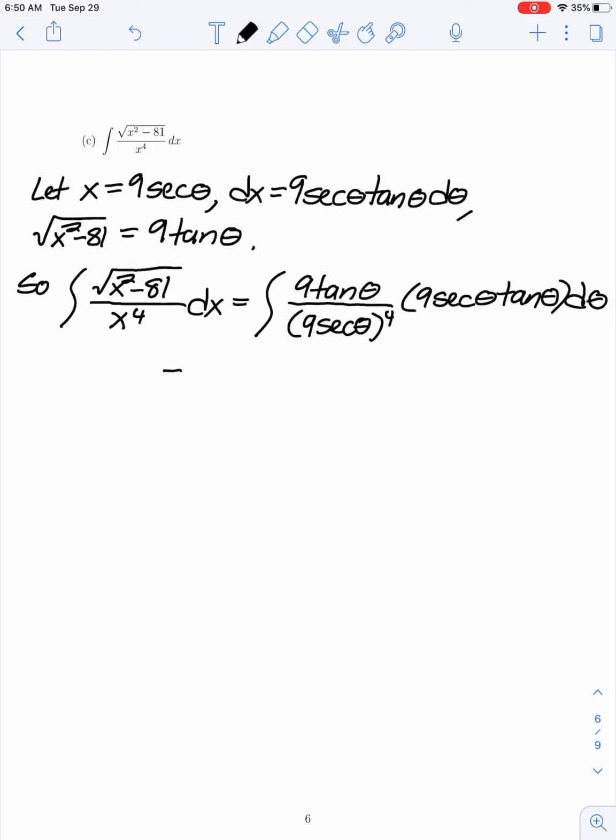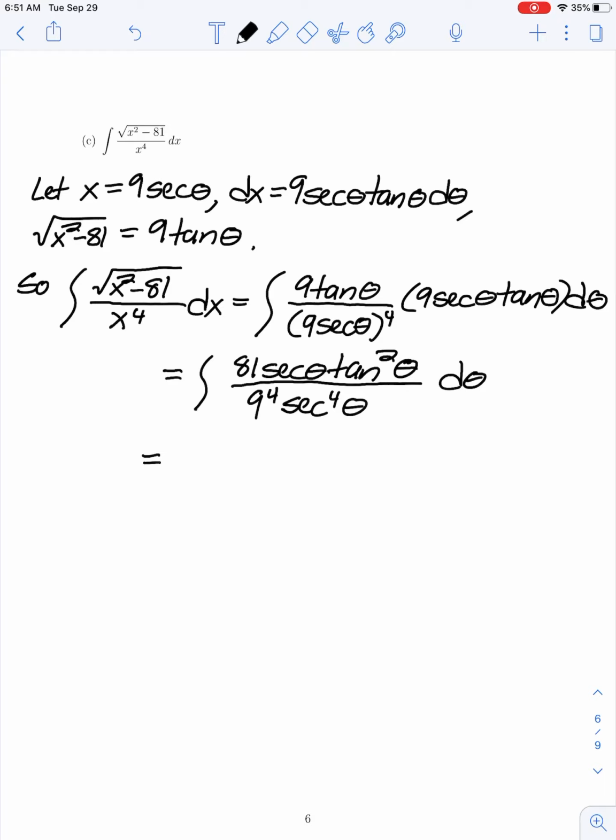So let's see what we have here. Combining the terms in our numerator, we have 9 times 9, or 81, secant theta, and then we had 2 factors of tangent theta, d theta. And our denominator was 9 secant theta to the fourth power, so that's 9 to the fourth times secant theta to the fourth.